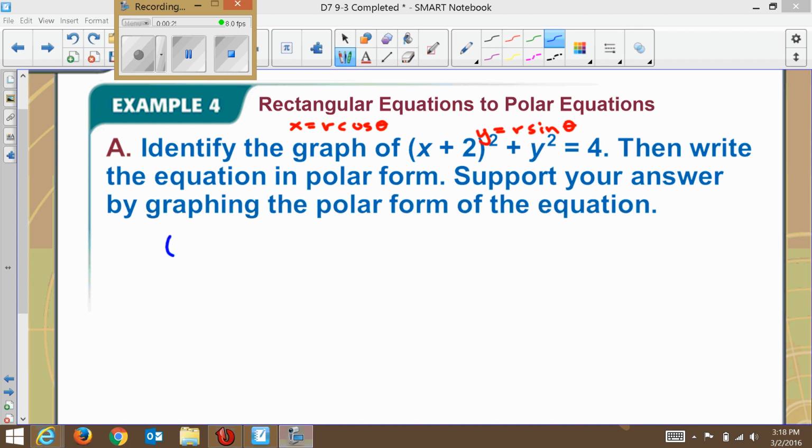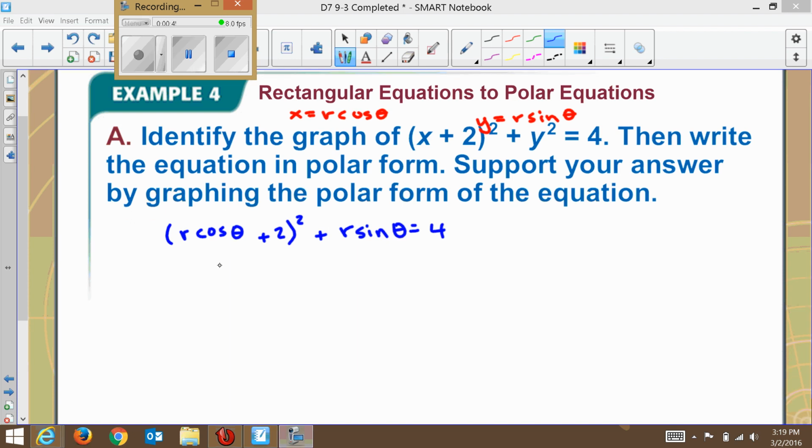So I'll have r cosine theta plus 2 quantity squared plus r sine theta equals 4. Solve this. I'm going to have to FOIL this out. So when I square this, each one gets multiplied times itself.